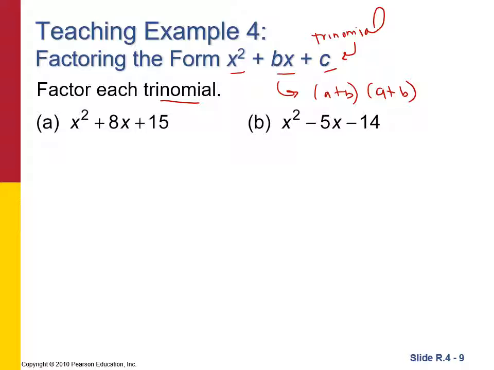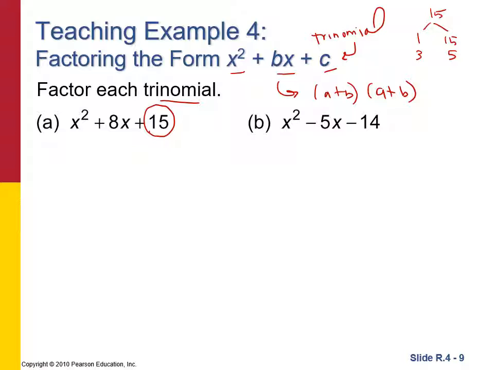So what you're going to look for are factors of 15. So let's do that over here. 15. What are some factors of 15? 1 and 15, 3 and 5, and I think that's it.